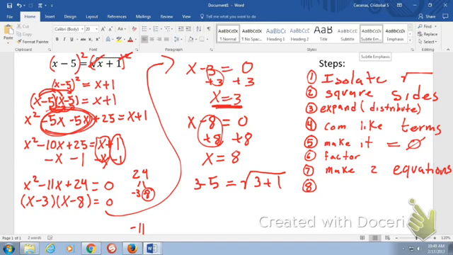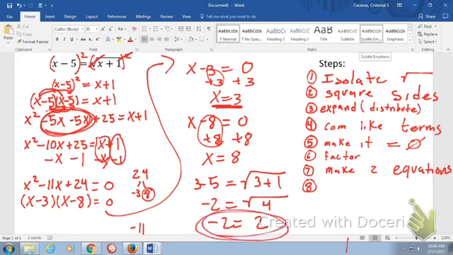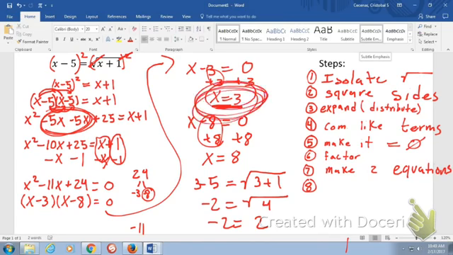And then you can do the math. 3 minus 5 is negative 2, is equal to square root of 4. Square root of 4 is 2, and this is negative 2. They are not equal. So that means that 3 right here is not an answer, because in here they were not equal. So this is not an answer.